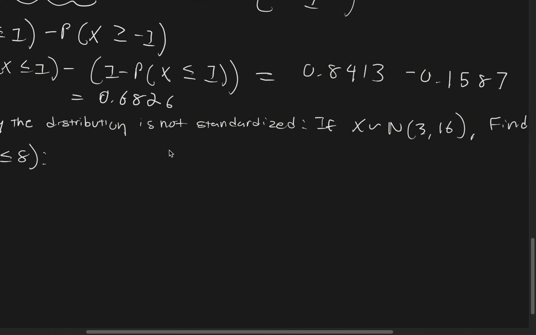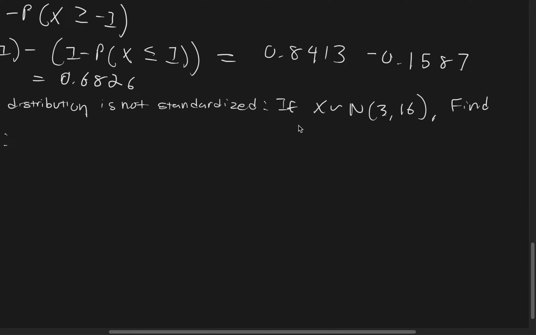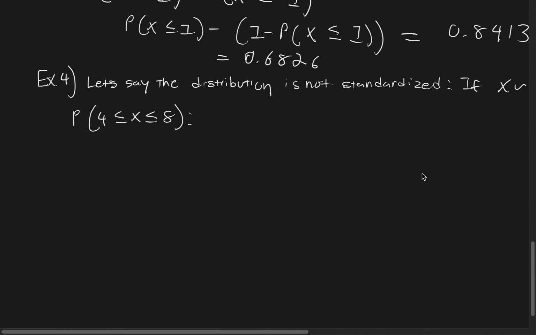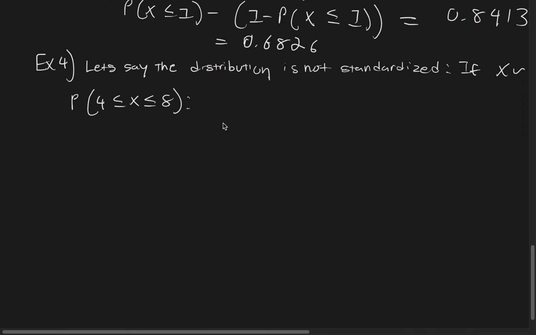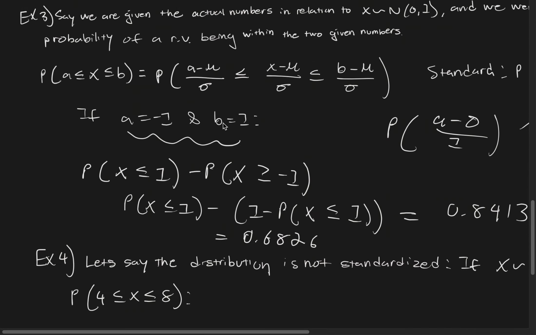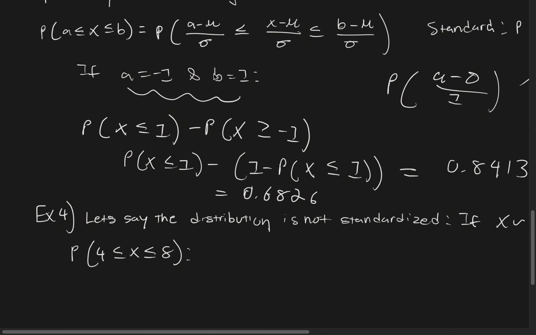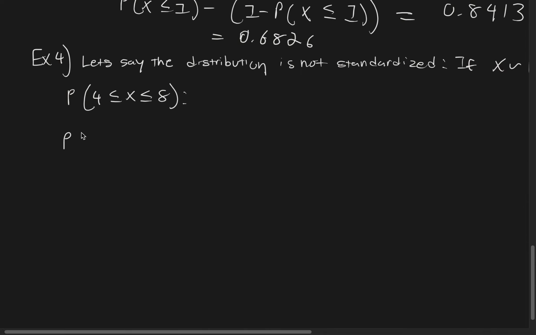All right, so if we're not using a standard normal distribution, but a normal distribution where mu is 3 and the variance is 16, let's try to find the probability of a random variable landing from 4 to 8. Using the formula up above, we'll rewrite that.